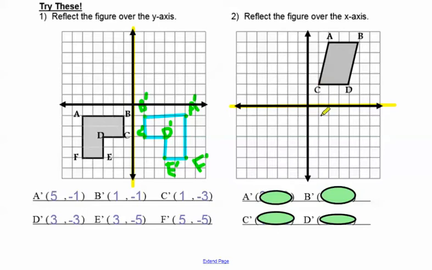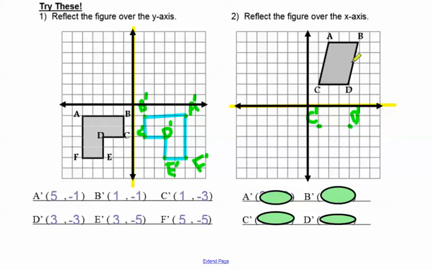So on the other side of x, I'm going to make it 2 units away. So right there is going to be my C prime. D is 2 units away, so on the other side, it's going to be 2 units away again. There's D prime.